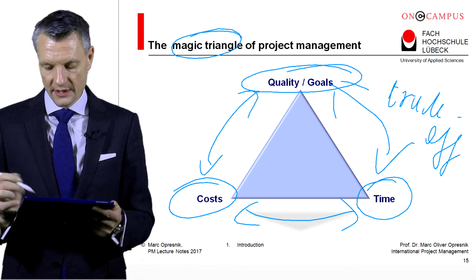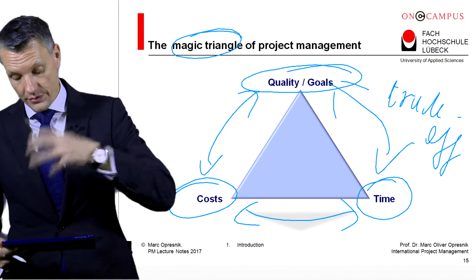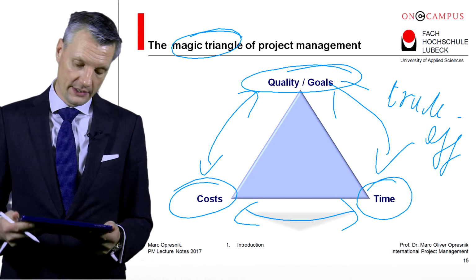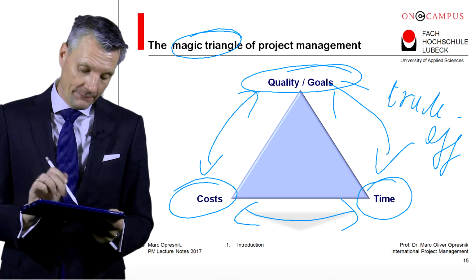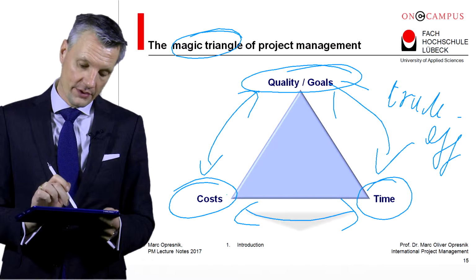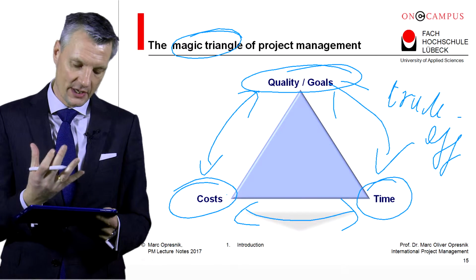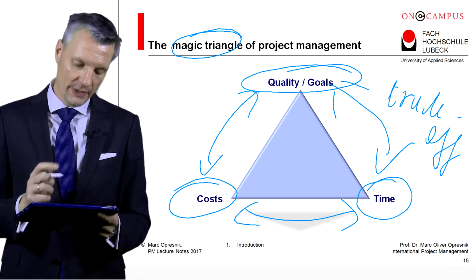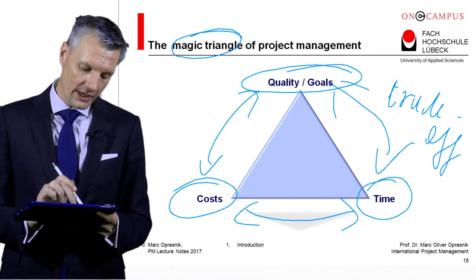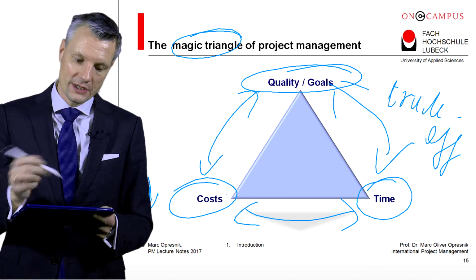And this means that the better you achieve one goal, the more you have to give up at a second one. For example, costs. If the budget has been cut from its original basis, so the costs are going down, then usually also the quality will go down.